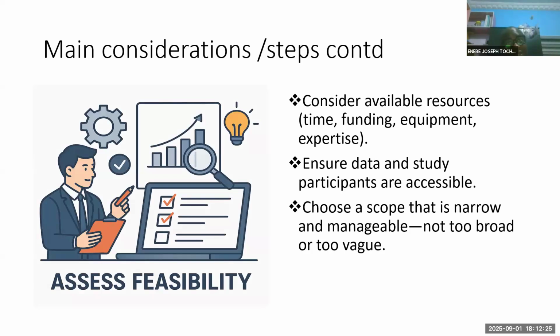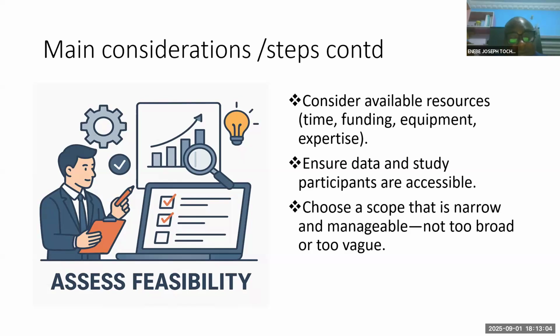Now, you also talk about the feasibility of your research work. Say it is on the skin of women, and you don't have materials that could be used to observe this, so it may be difficult for you in terms of timing, funding, equipment, or expertise that is required.